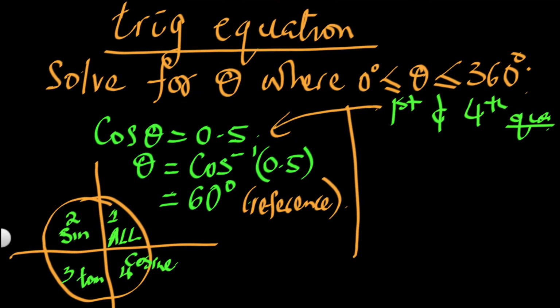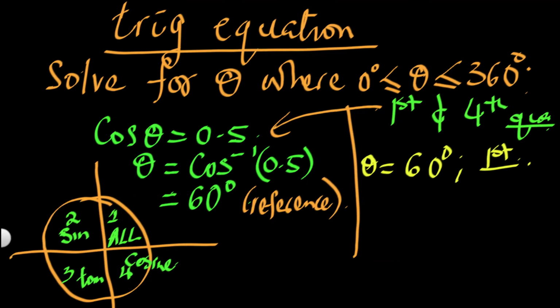Now, in the first quadrant, obviously our answer there will be an acute angle. It will be less than 90 degrees, from 0 to 90 degrees. It actually means in this case, one of the thetas that we're looking for is our reference. So our reference is actually one of the answers. So theta is equal to 60 degrees. Now you look for another answer. So 60 degrees is from the first quadrant.